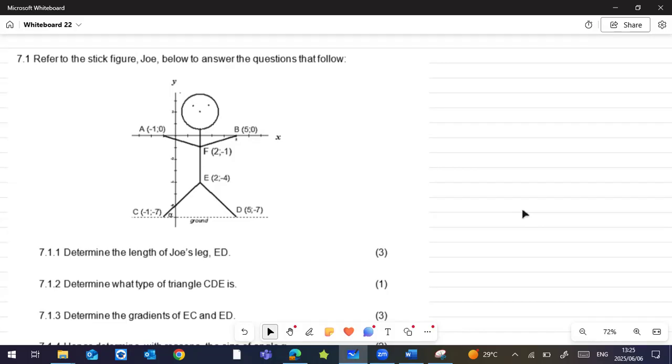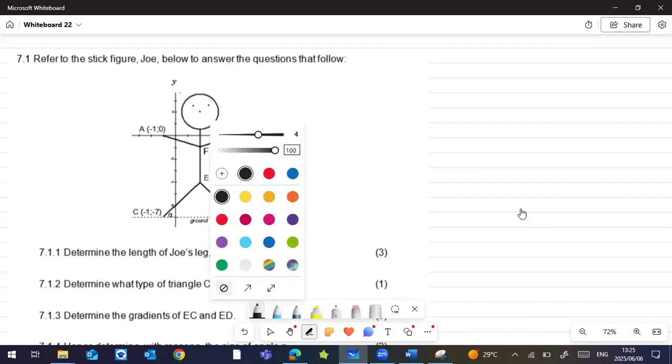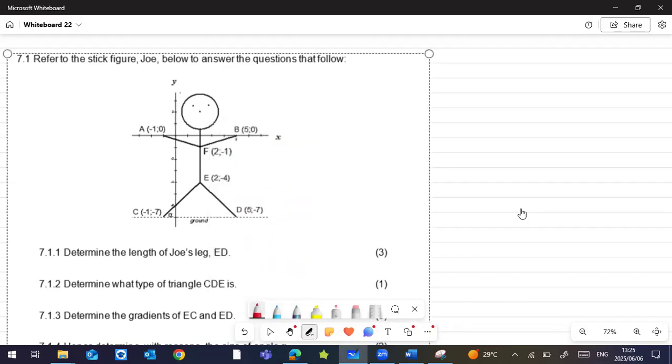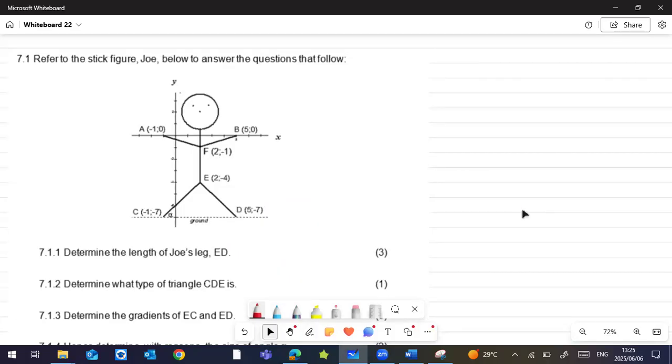If we look at the distance from E to D, let me just use a color here to highlight which part we are talking about. The distance from here, from E to D, which is this line here.